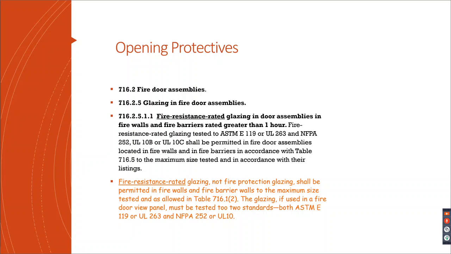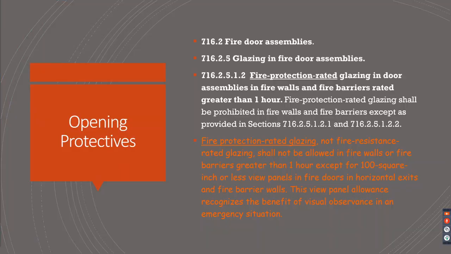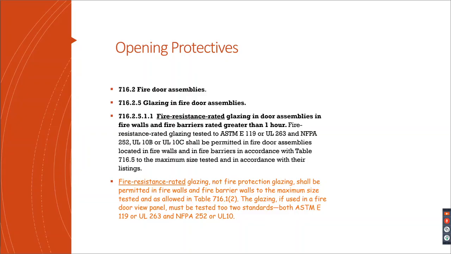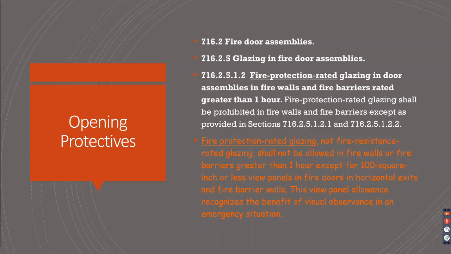And the glazing, if used in a fire door view panel, must be tested to 2 standards, both ASTM E119 or UL 263, and NFPA 252 or UL 10. If you're going to say this glazing is going to act like a wall, it's going to meet a lot of criteria.